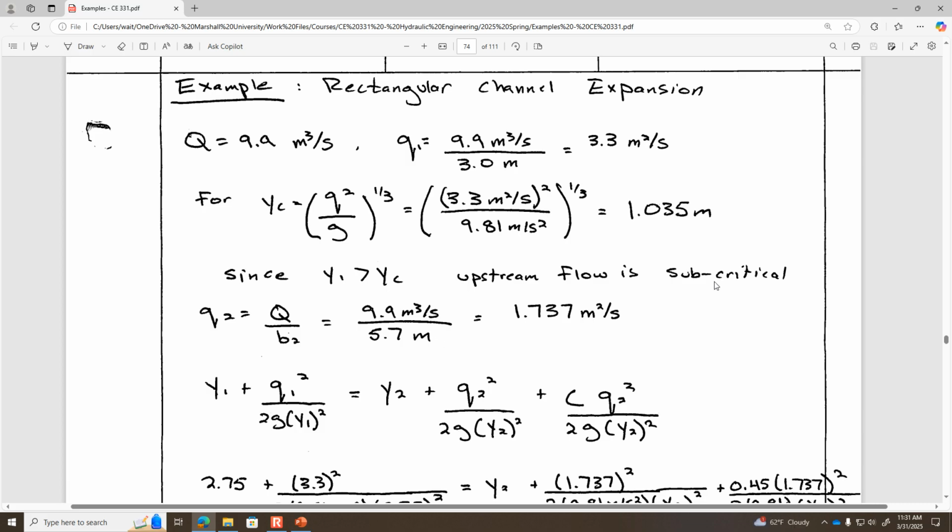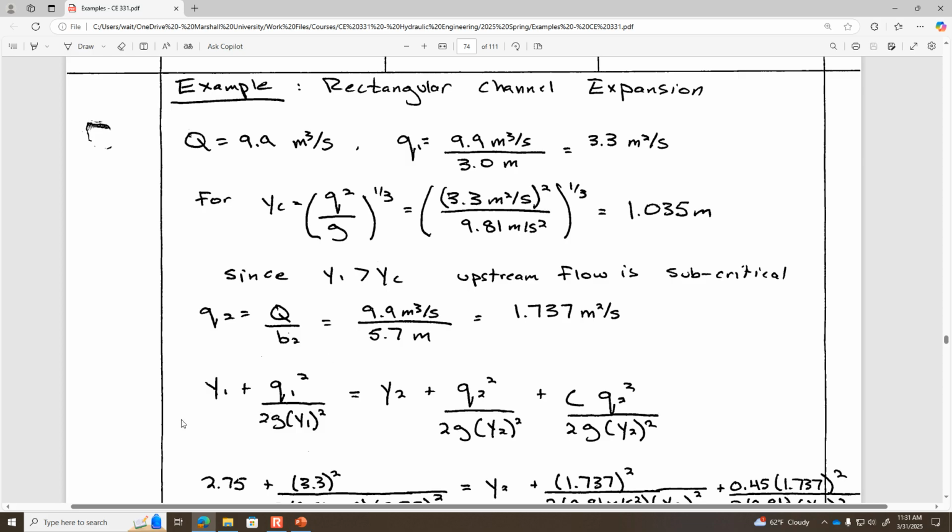So subcritical at 1. We'll file that in the back of our minds for later. Then we need to find the flow per unit width downstream after the channel has gotten wider. So we now know the flow per unit width at 2 is 1.737 meters squared per second.